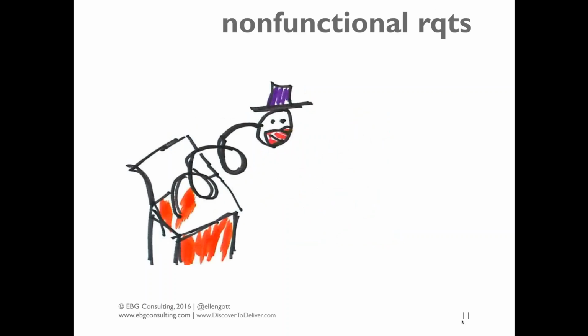Then you have, surprise, we didn't talk about some of those non-functional requirements, quality attributes, usability, security, performance, or interfaces to other systems or devices if you're building a physical product. Or maybe we didn't make clear what platforms and technology environments we're working in.